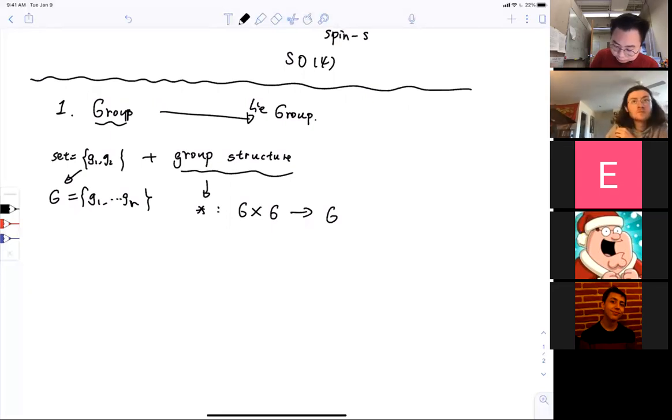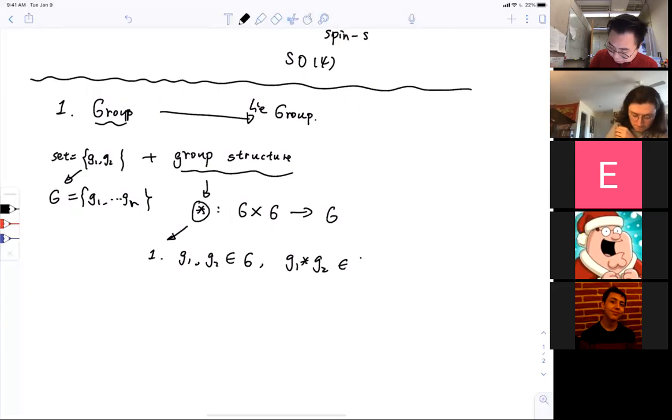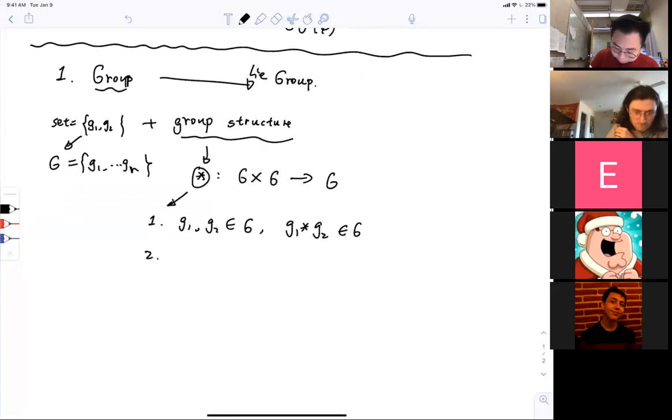So basically, this operation satisfies several conditions. One is if G1, G2 are in this set, then G1 times G2 is also in this set. And also, there exists an identity element, defined by E times G equal to G times E equal to G. It's very intuitive.